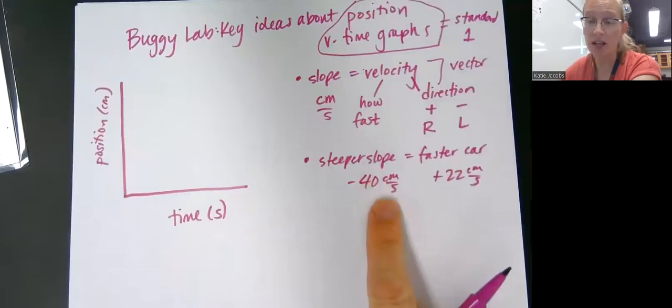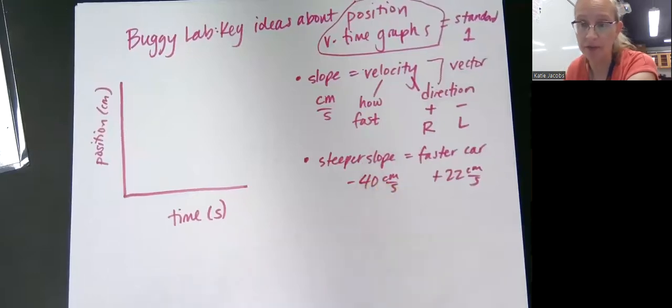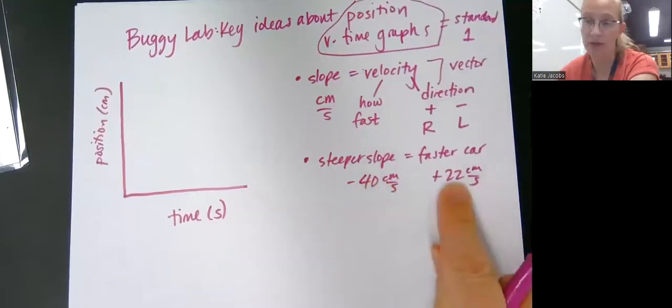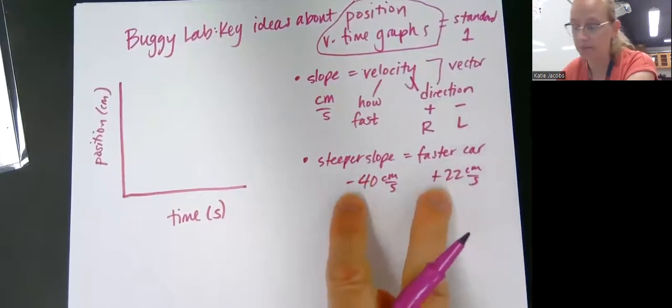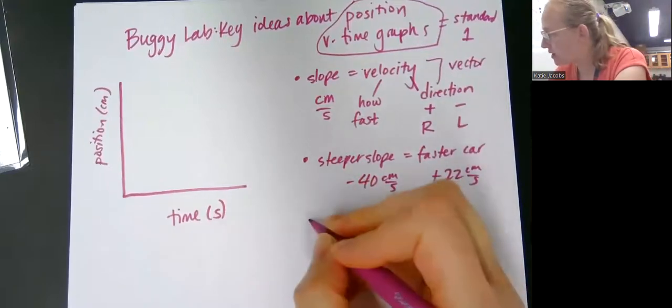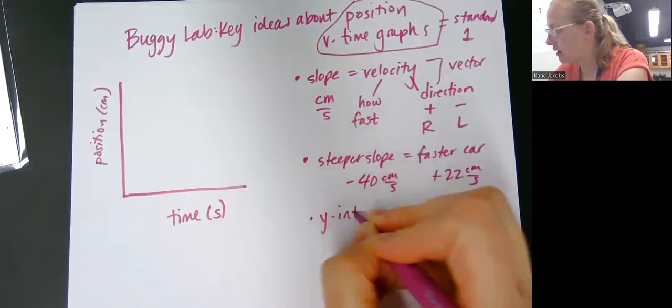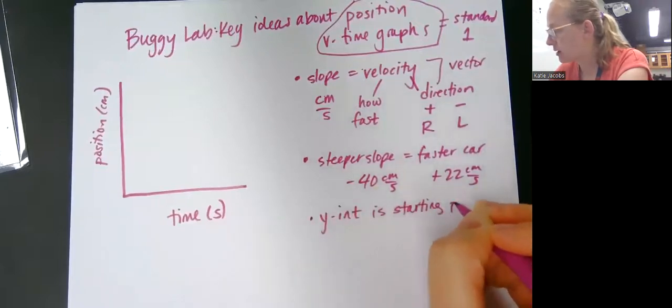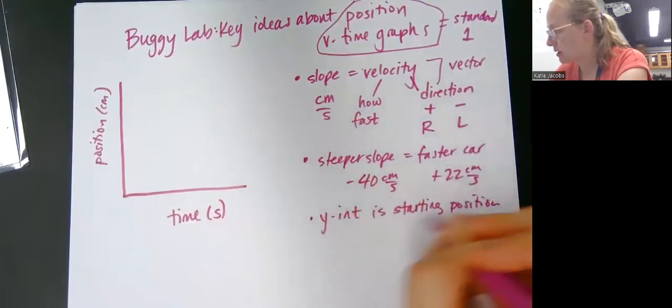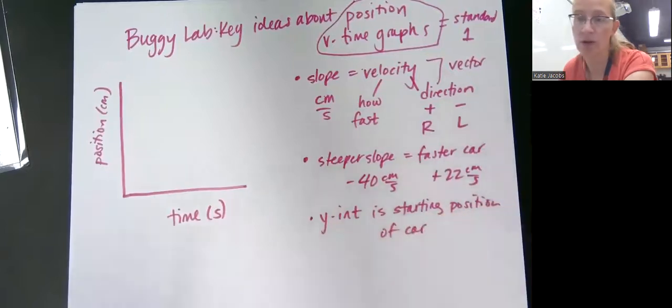Because in every 1 second, this travels 40 centimeters to the left. For every 1 second, this only travels 22 centimeters to the right. That positive and negative is just the direction. And then finally, the y-intercept of this graph is the starting position of the car. It's where the car is at time 0.